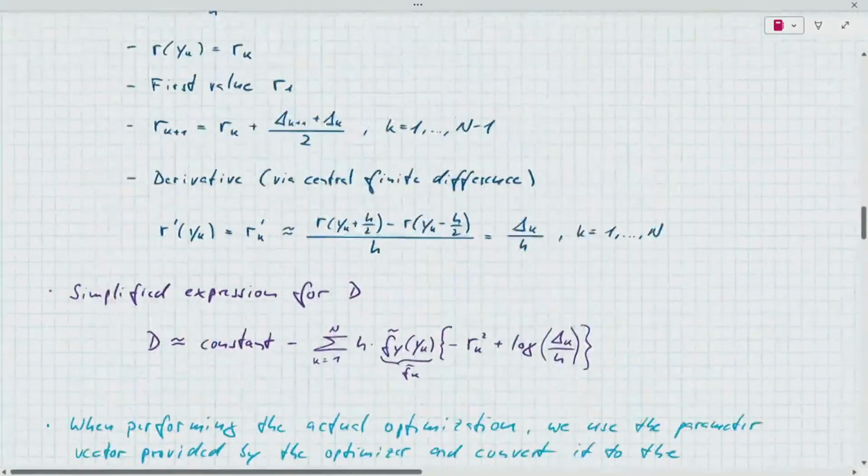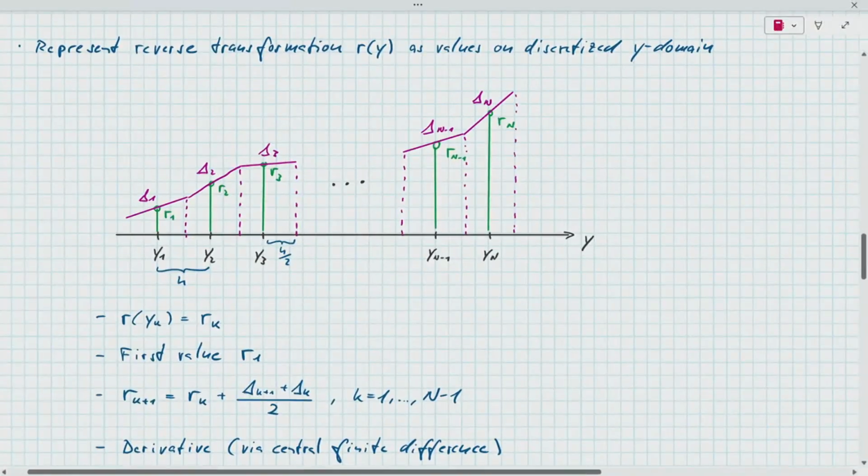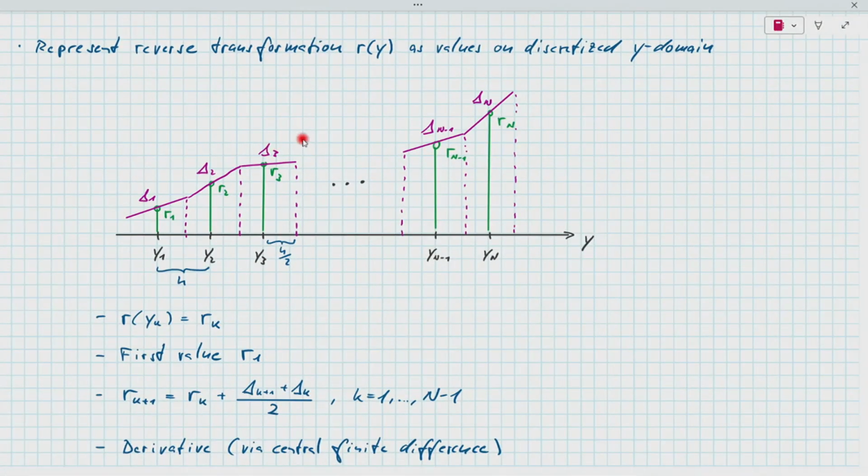To show it again, then we get this monotonic function. The optimizer, in that case we use automatic differentiation, differentiates this distance measure and then finds the values for r1 and all the deltas until we have a nice fit.